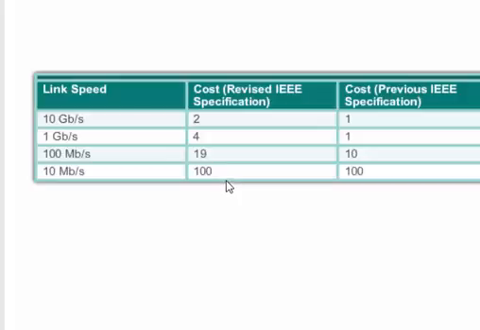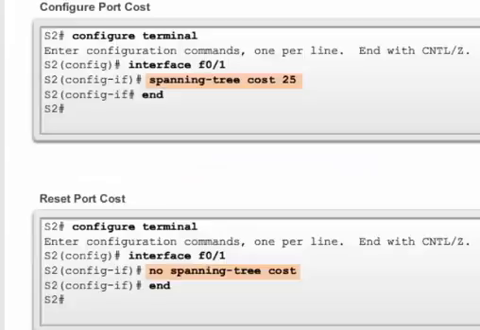Although switches have a default port cost associated with them, the port cost is configurable, and an administrator can configure the port cost and control spanning tree paths to the root bridge. To configure the port cost of an interface, you simply use the spanning-tree cost command in the interface configuration mode, and then you type the port cost that you want to set.